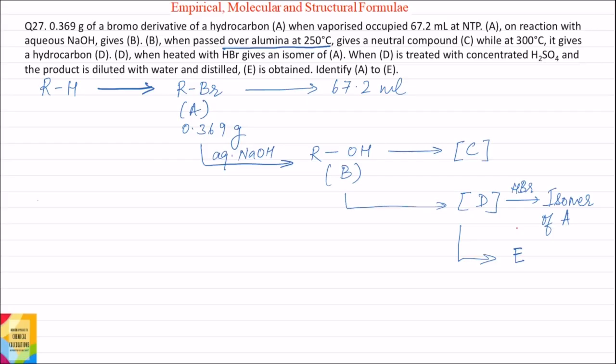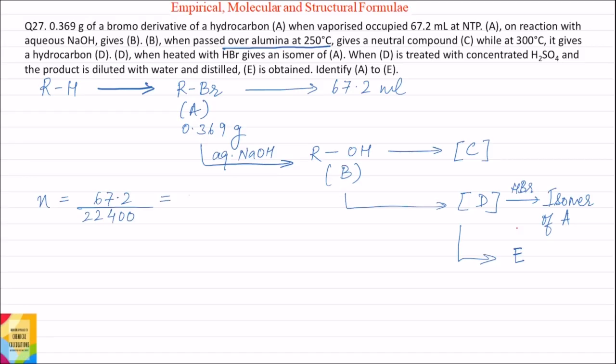So first of all, number of moles is equal to volume divided by molar volume. The volume of A is 67.2 milliliter divided by molar volume, that is 22,400 milliliter, and number of moles is also equal to weight divided by molecular weight.